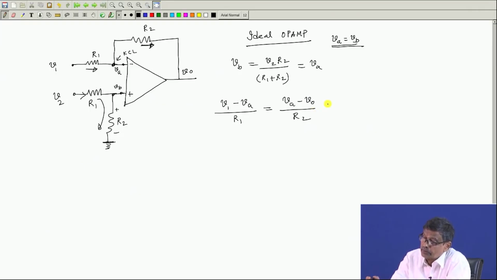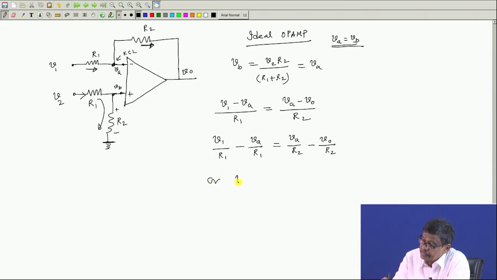What is our goal? Our goal is to obtain V0. Therefore, let us calculate that. So V2, VB is this one, which is equal to this. So here you get V1 by R1, let us separate, minus VA by R1 is equal to VA by R2 minus V0 by R2, if any mistake, point out.